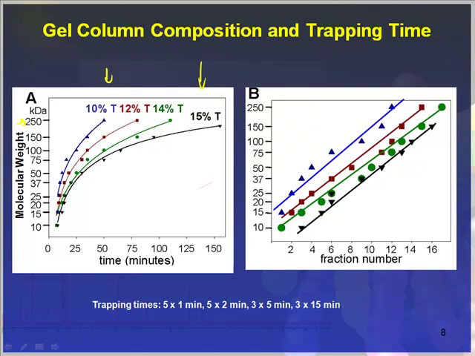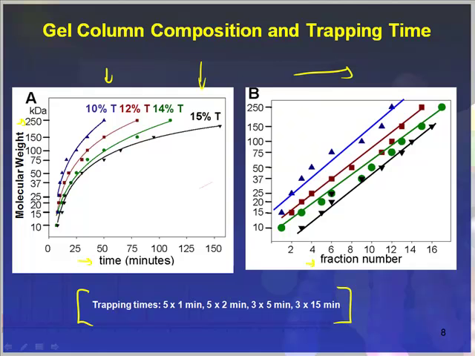What's shown in the image in B is that we can essentially change the curvature of these separations. So in part A, we're looking at separation in time, and in B, we're plotting the fraction number. I'll mention here that the timing of the fraction collection intervals can vary, and you can customize it to whatever you want.